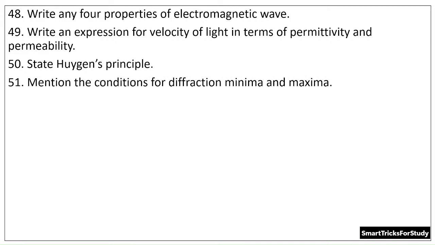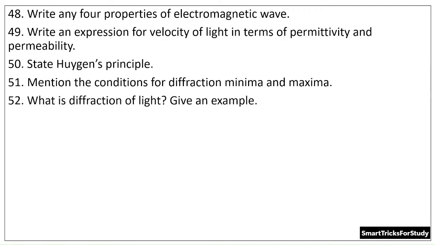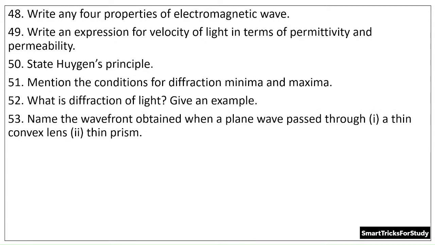51. Mention the conditions for diffraction minima and maxima. 52. What is diffraction of light? Give an example. 53. Name the wavefront obtained when a plane wave passes through 1. A thin convex lens. 2.